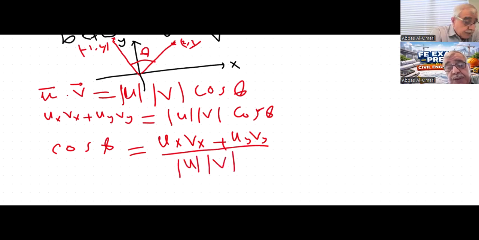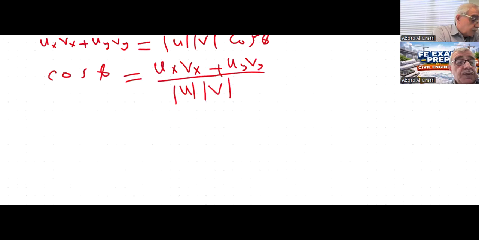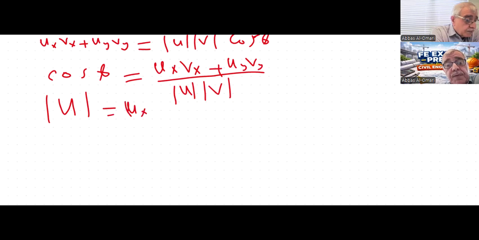So now we want to determine the value of u. The value of the first vector is the square root of ux square plus uy square.